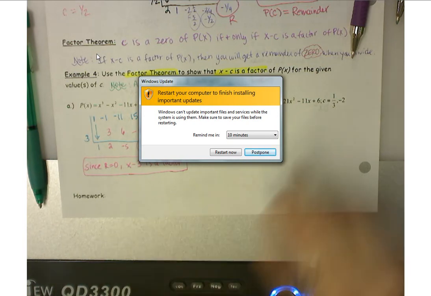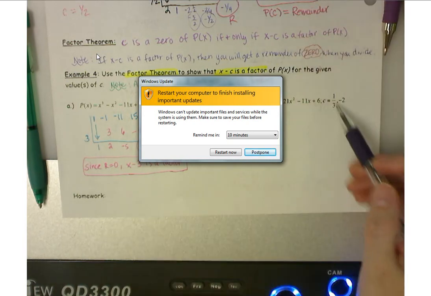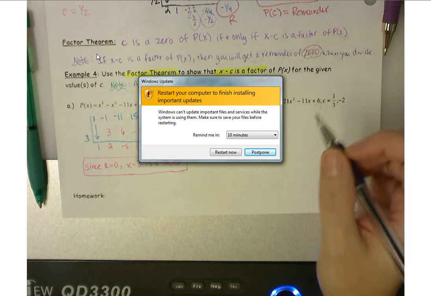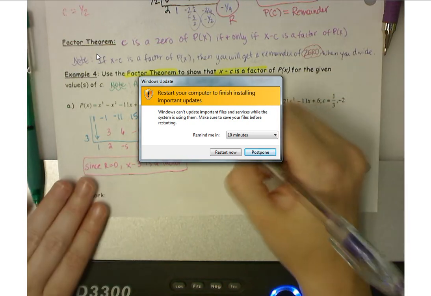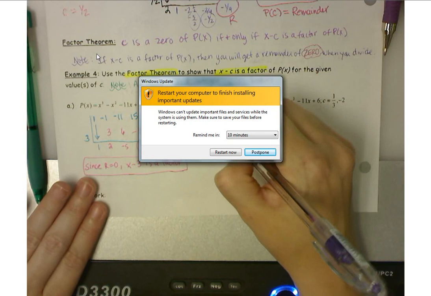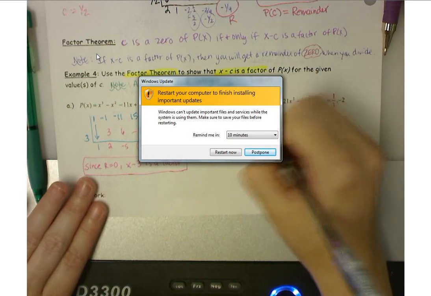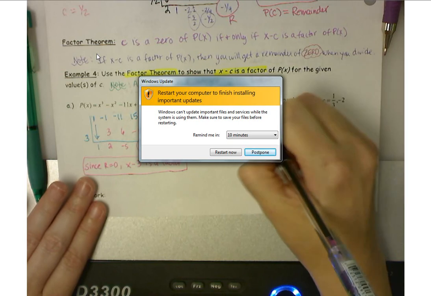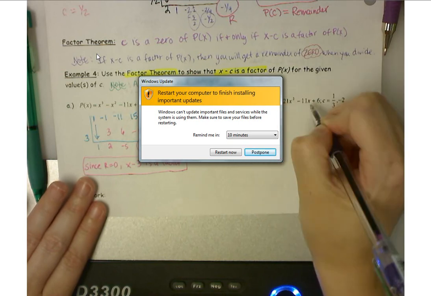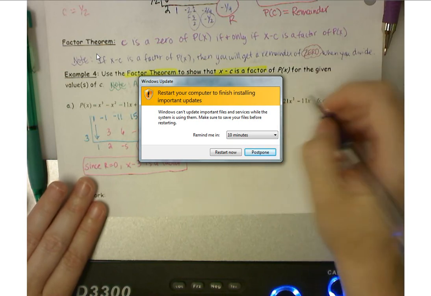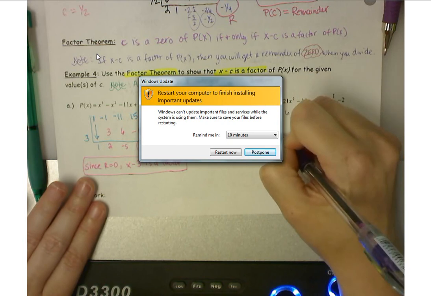Okay, so for part B, let's do the 1/3. So if c is 1/3, again, remember it's like you're dividing by 3. So I have 3, -1, -21 for x squared, -11 for x, and then 6. So I'm good with my placeholders.